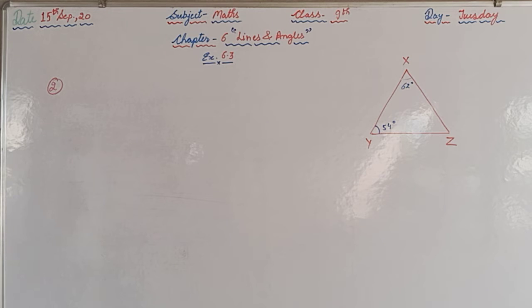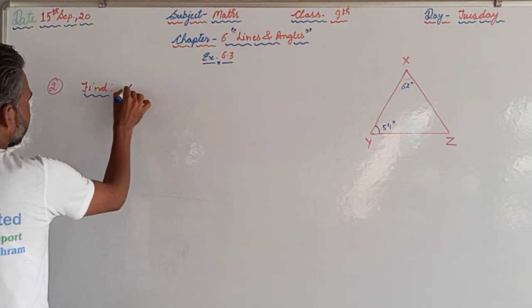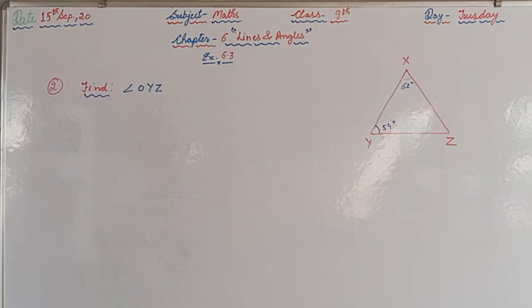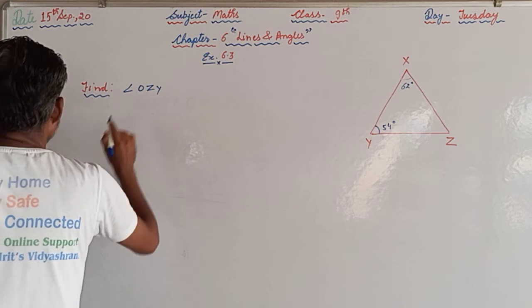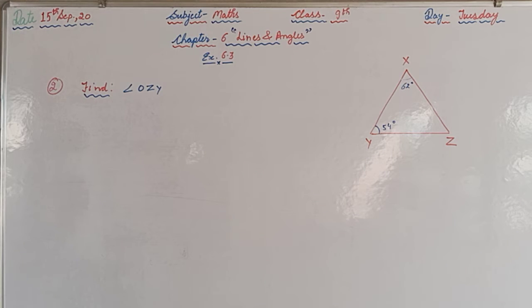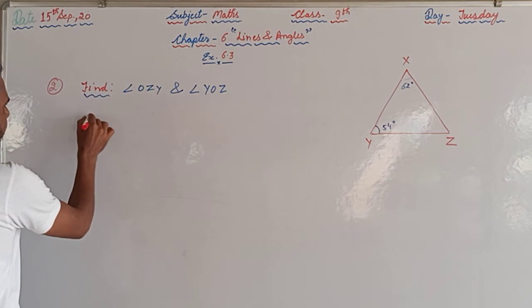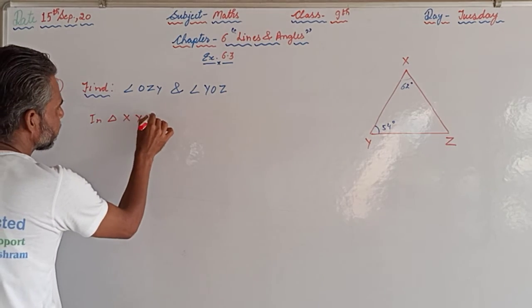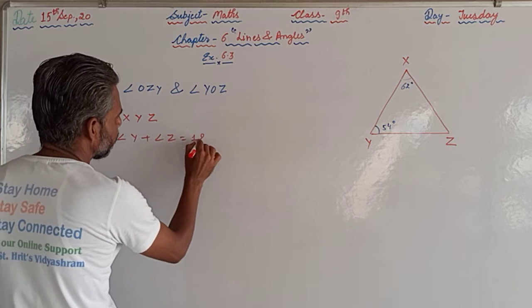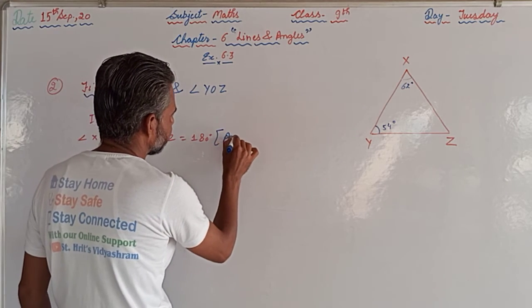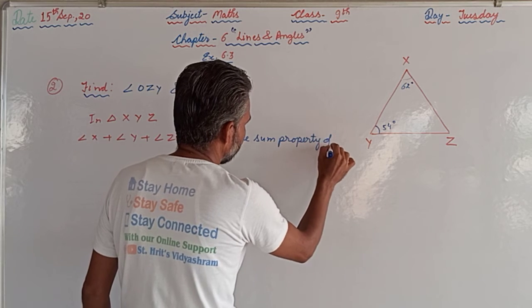First of all I will not draw the complete diagram, and we will write what we have to find: angle OZY and YOZ. So in triangle XYZ, angle X plus angle Y plus angle Z is equal to 180 degree. Why? Angle sum property of triangles.